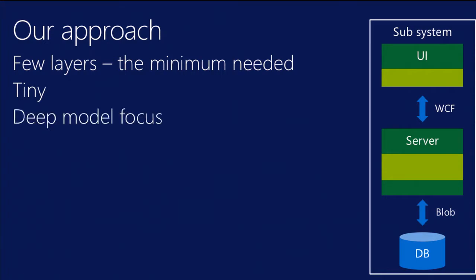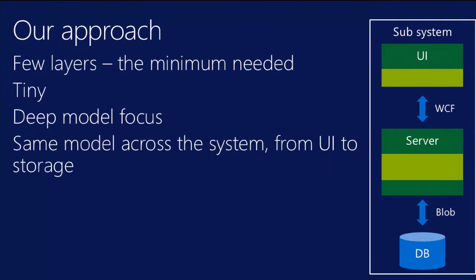And we wanted this to be model-centric. We wanted to focus on the model. We wanted to move logic and business rules, interesting stuff, into a model that could be interacted with, instead of having it in a service layer where it was hard to test. We wanted to use the same model across the system, from the UI to the storage, instead of having different models and transform between these.